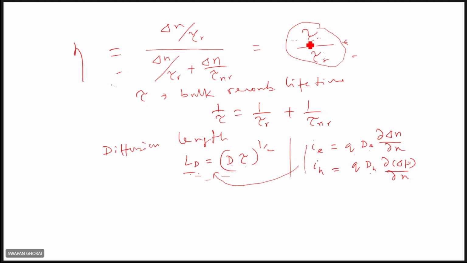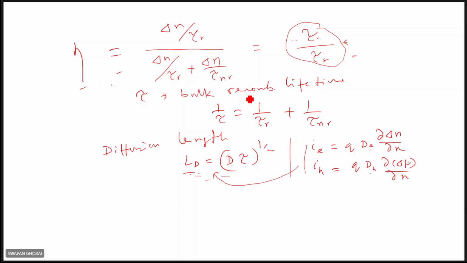What are those factors? Lattice mismatch, self-absorption, the diffusion layer, the thickness of the active layers. These things should be considered while calculating the value of eta.